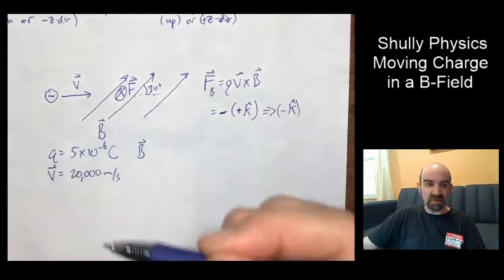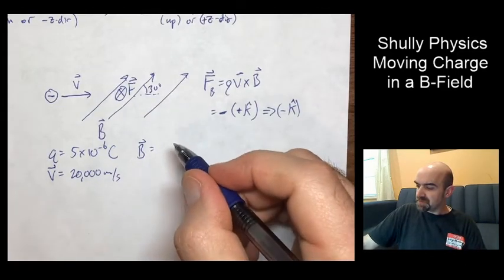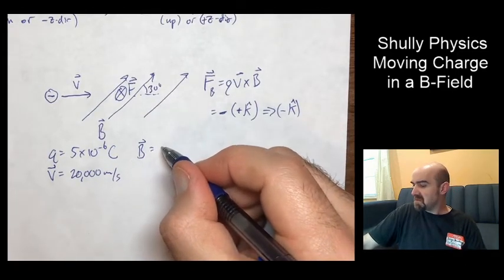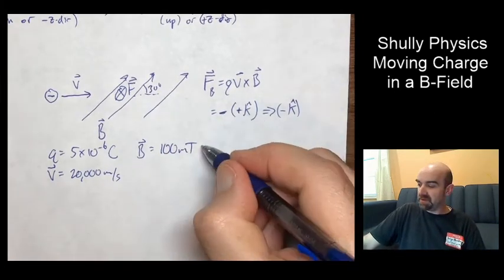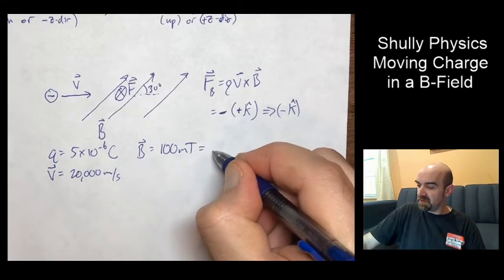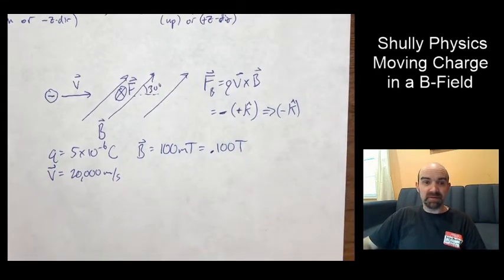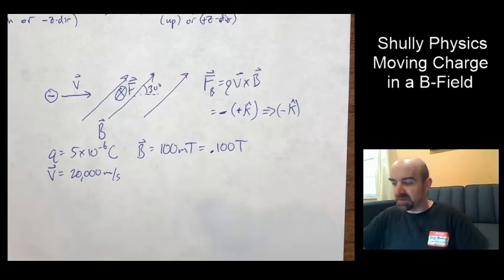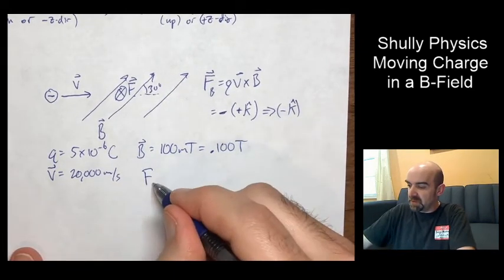And the magnitude of the magnetic field, let's put our vector symbol on here. Let's go with 100 milliteslas, and that's equal to 0.1 teslas. All right, so what would be the magnitude of the force on this charge here?